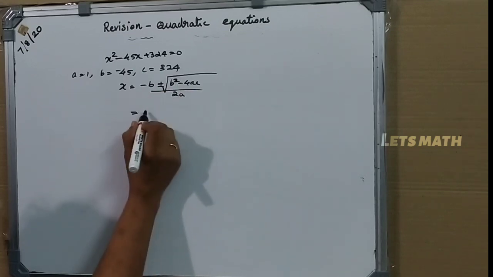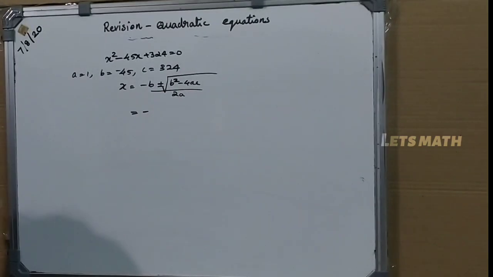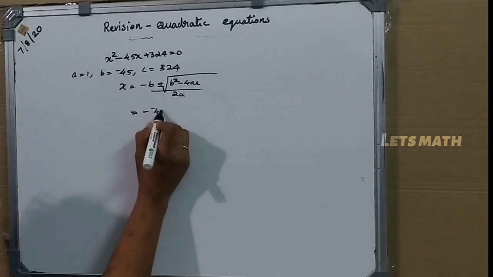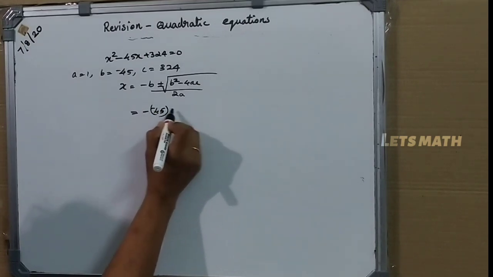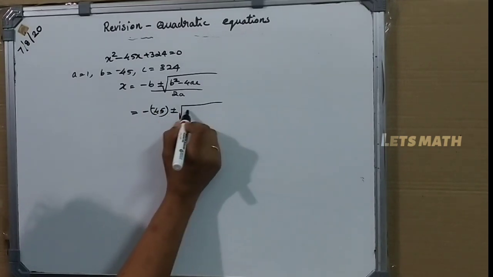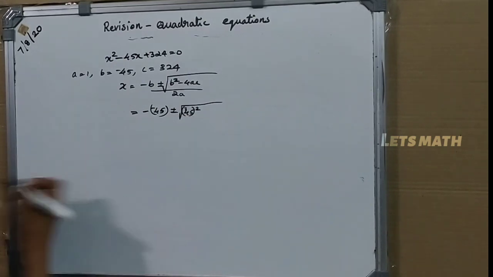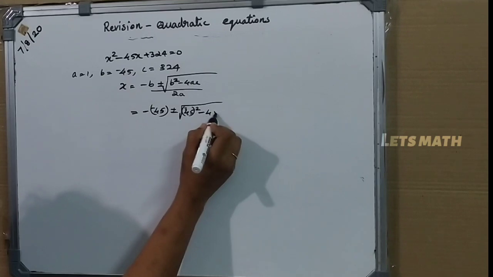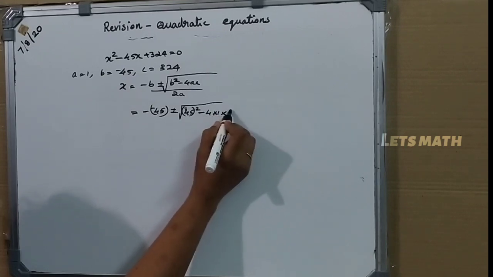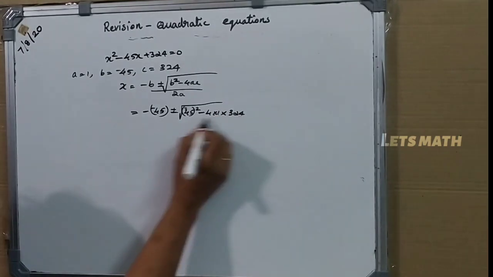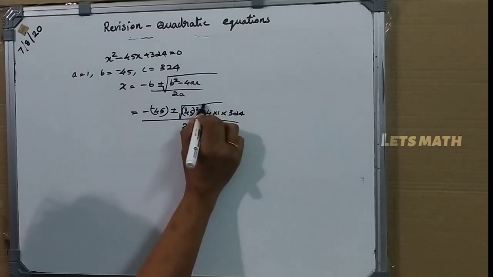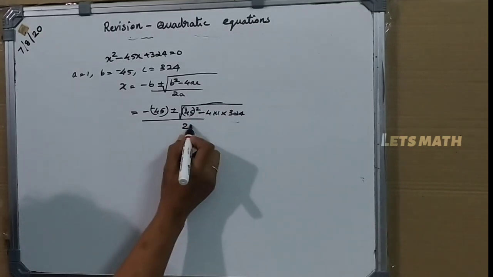Now substitute the values: negative of negative 45 plus or minus root of negative 45 square minus 4 into 1 into 324, divided by 2 into 1.